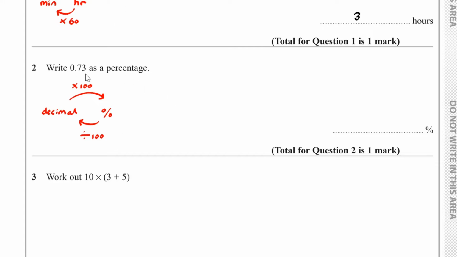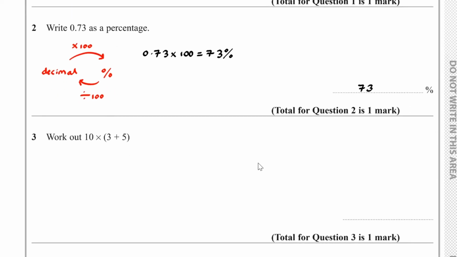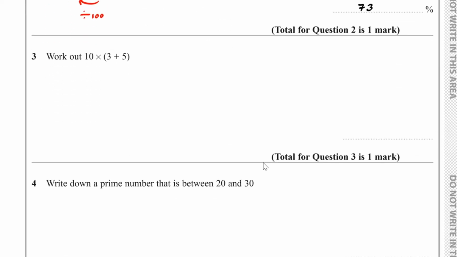So, to convert 0.73 into a percentage, we multiply 0.73 by 100, and we get 73%. So we have 73%.